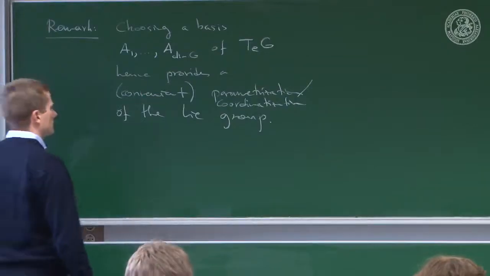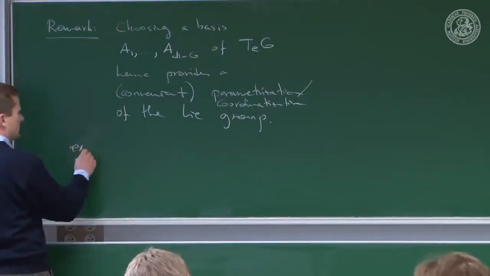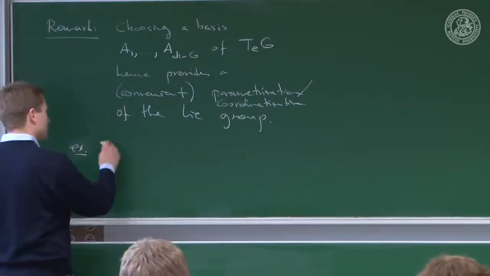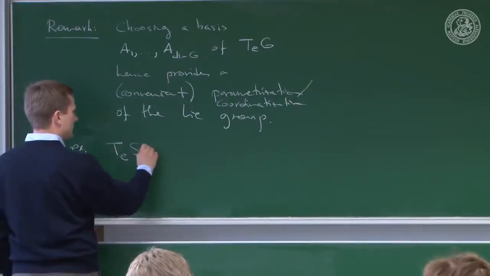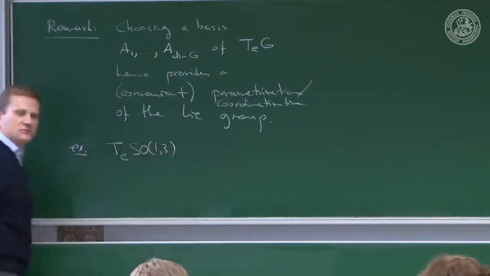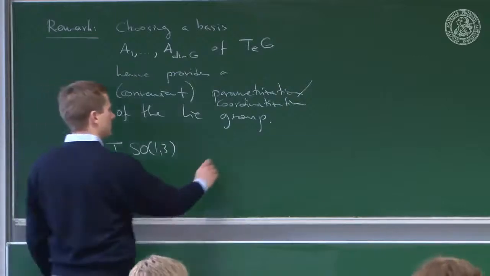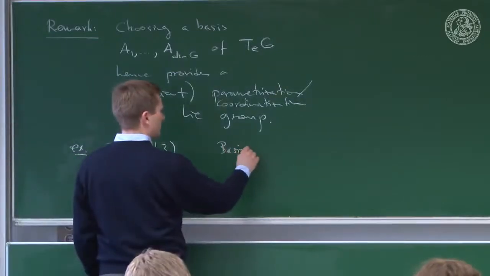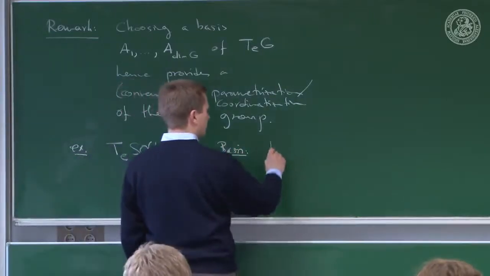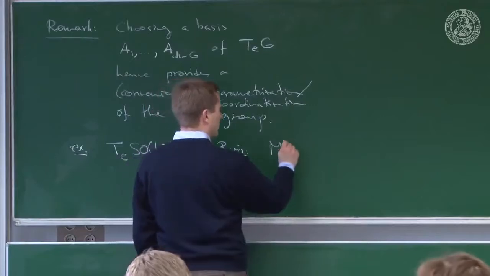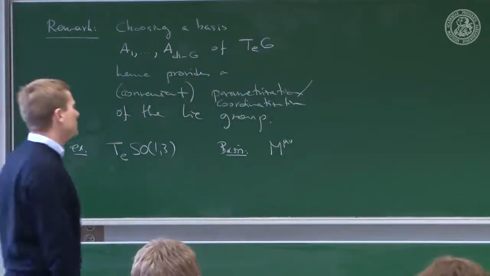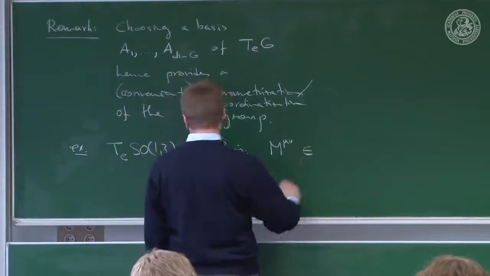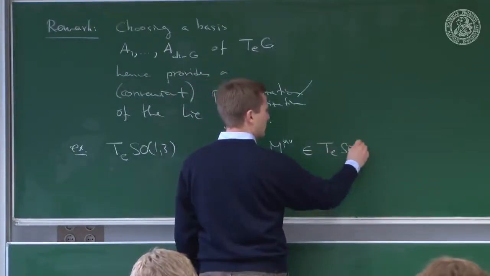So, well, let's do something half physical. So let's say we take the tangent space to the identity of the Lorentz group. Then we can choose a basis that consists of M^{μν}, like you usually call them. But every M^{μν} is an element of T_e SO(1,3).